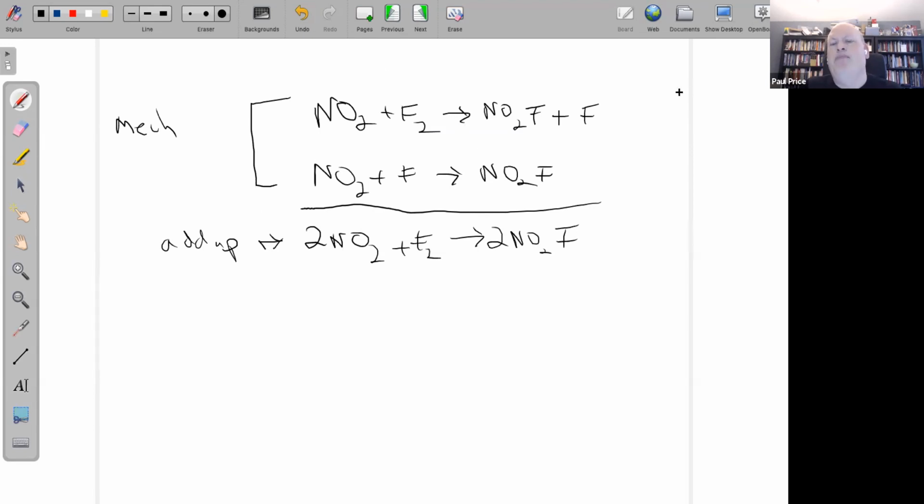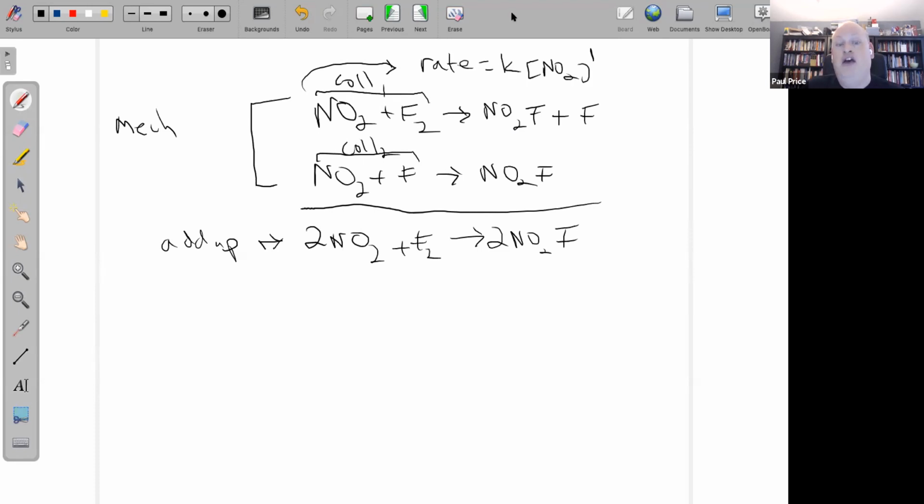And they do. But the problem is, since they happen with one set of collisions, here's collision 1, and a second set of collisions, here's collision 2, since we actually know an NO2 and an F2 collide, I can actually write the rate law for this step. Rate of step 1 is some K for this step times the concentration of NO2 raised to the first, because if I double the concentration of NO2, I'm going to have twice as many collisions with F2, times the concentration of F2 to the first.